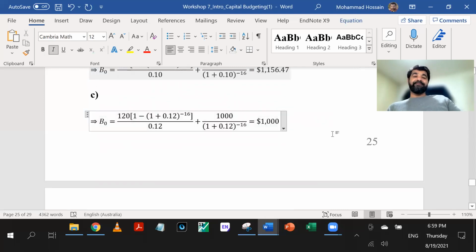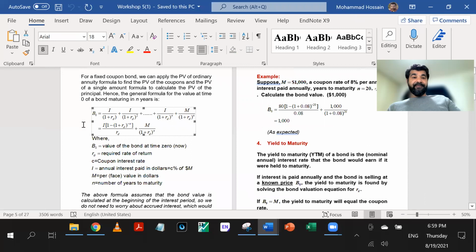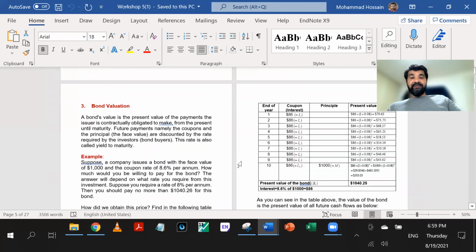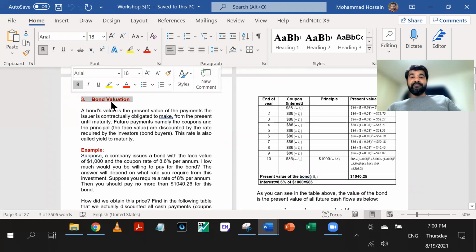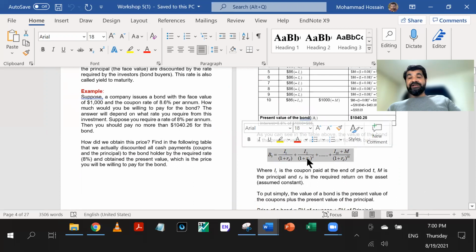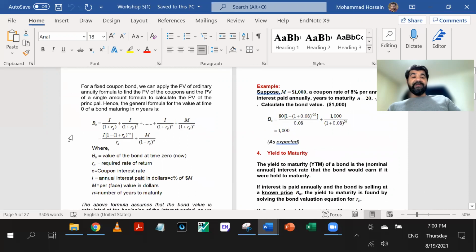Where did you get that equation from? Where did I get this equation from? The last week. It is in here, the bond valuation. This is the initial equation, then we converted and simplified it this way.